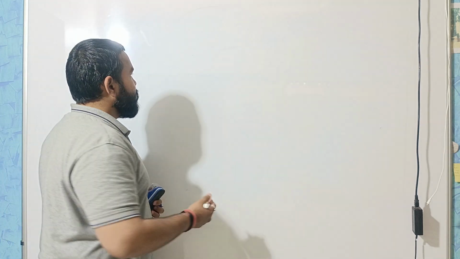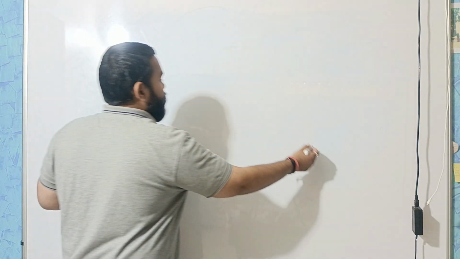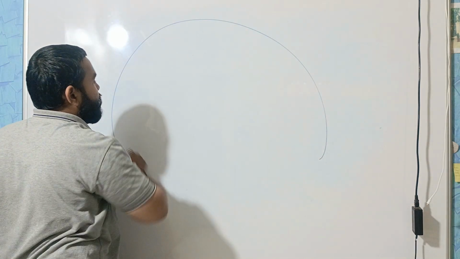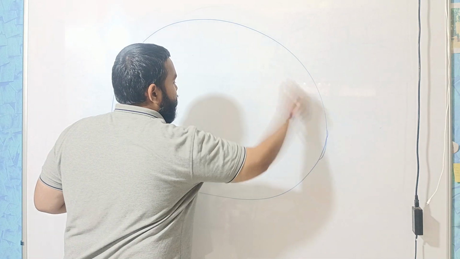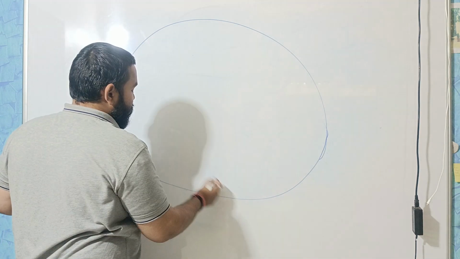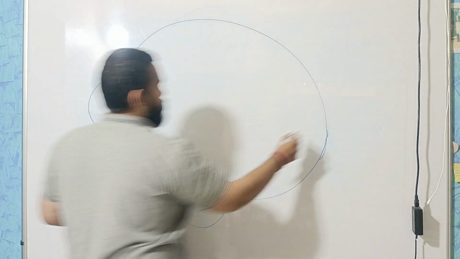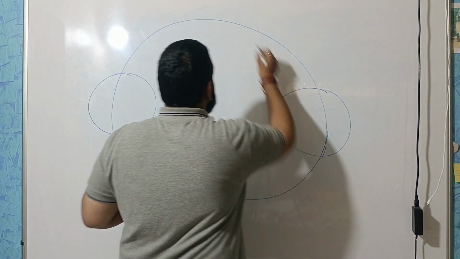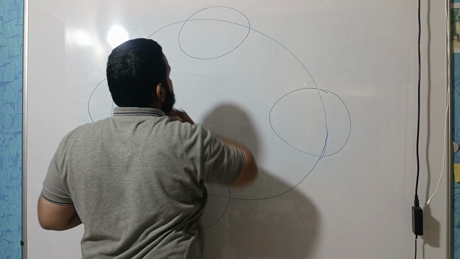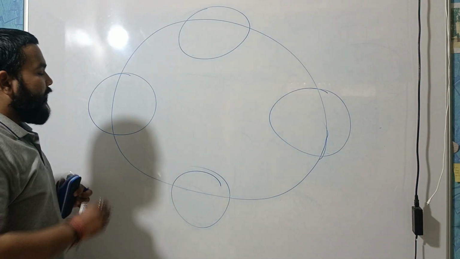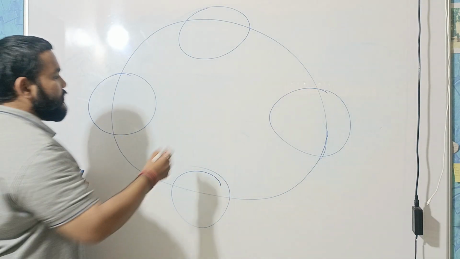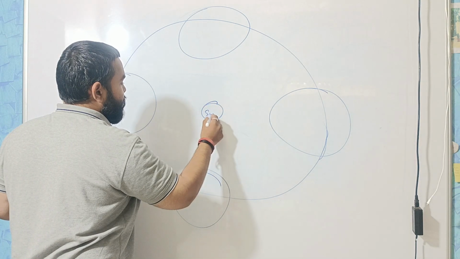So first, this is the whole diagram. Let's say here it is Earth, here it is Earth, here it is Earth, here it is Earth. So why did I draw four different Earths? Because it is the sun.